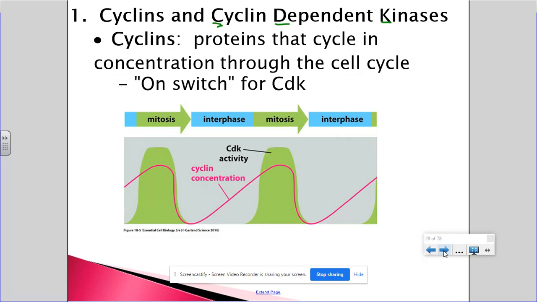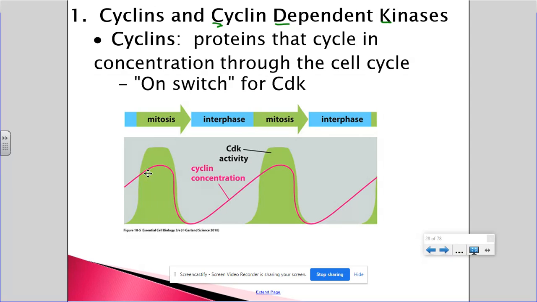Cyclins and cyclin-dependent kinases are the primary things that are going to control the cell cycle. Cyclins are proteins, and like the name implies, they're going to cycle in concentration through the cell cycle. If you look at this graphic at the bottom, the pink line shows you the concentration of cyclin.